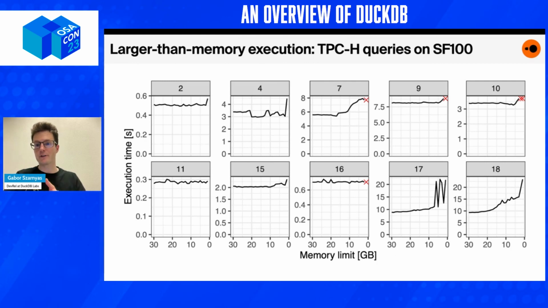And in most of the cases, it's able to finish with maybe a penalty of 2 to 2.5x. And sometimes there is a crash, but it's only when it's very limited in terms of memory, and it's a very complex join-heavy query. So some of the queries are not able to finish with only 1 or 2 gigabytes of memory, but most queries have no problem completing, even though this is a 100 gigabyte data set.